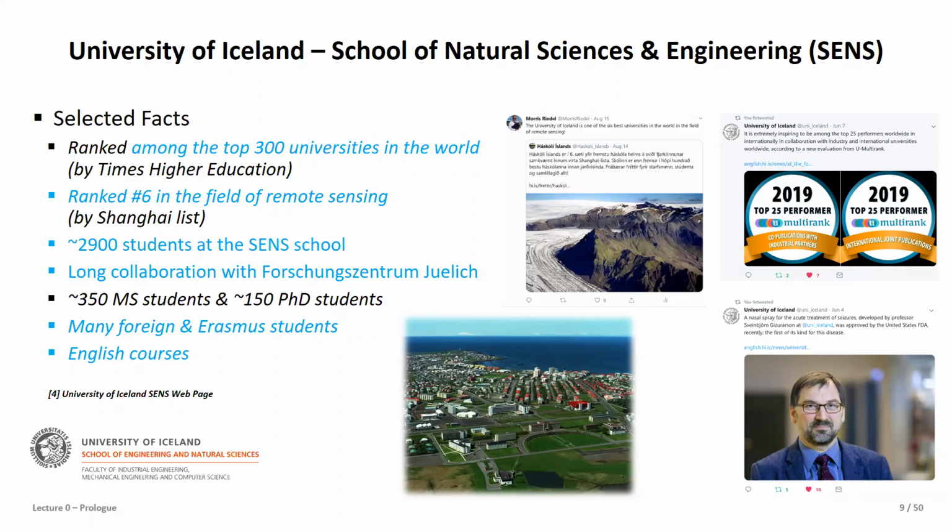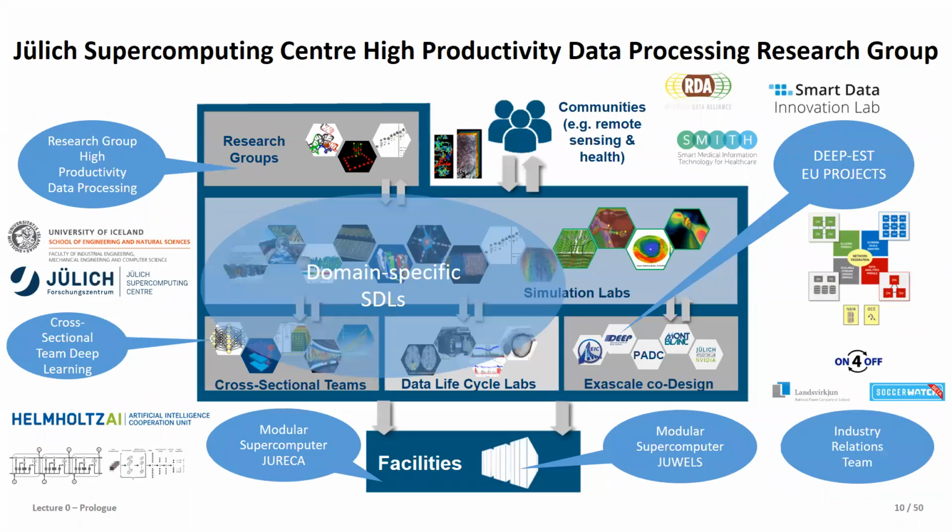In the end, we have a collaboration between the University of Iceland and the Jülich Supercomputing Centre with an interesting research group I already mentioned, where we have AI topics with deep learning, but also physical topics. You see here the Jülich Supercomputing Centre with different domain-specific simulation and data labs, a structure we have also established in Iceland, where you can continue the research when you come out of this course.